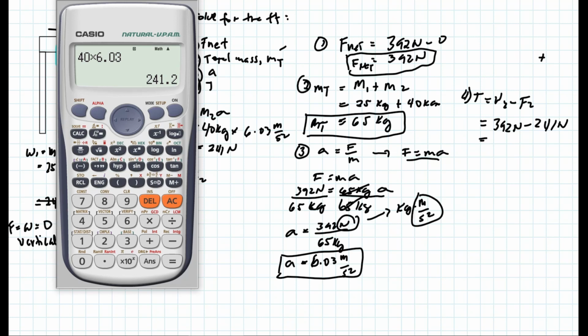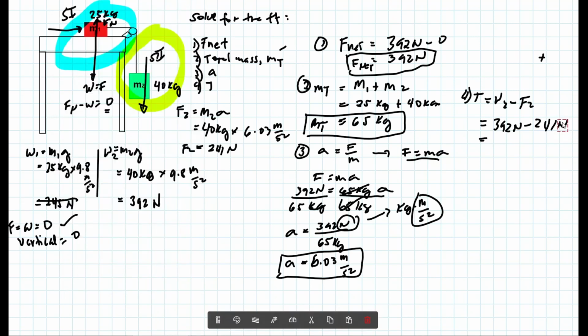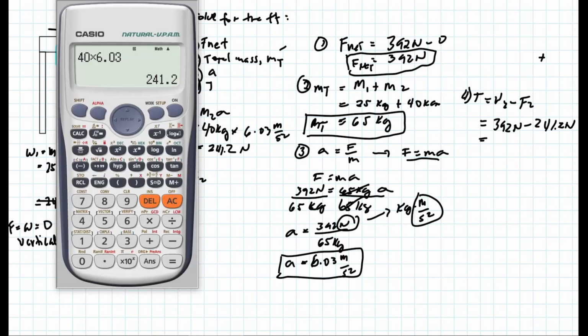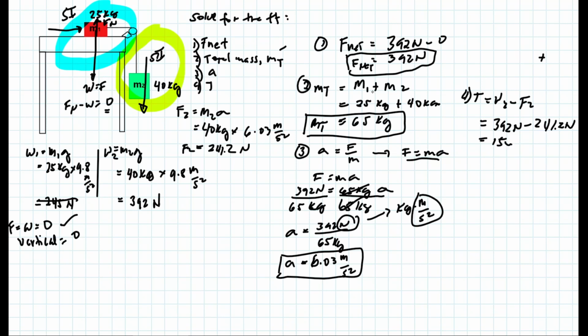Let me pick up my calculator. 392 minus 241.2 will give us 150.8 newtons. So this is our computed tension.